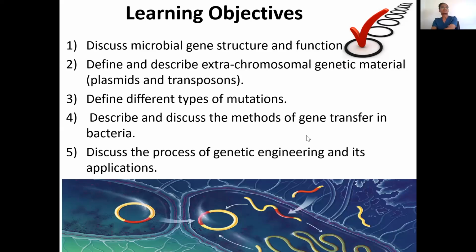So we are going to discuss the microbial gene structure and function, define and describe extrachromosomal genetic material. These are the plasmids and transposons. Define different types of mutations, describe and discuss the methods of gene transfer in bacteria, and discuss the process of genetic engineering and the applications.